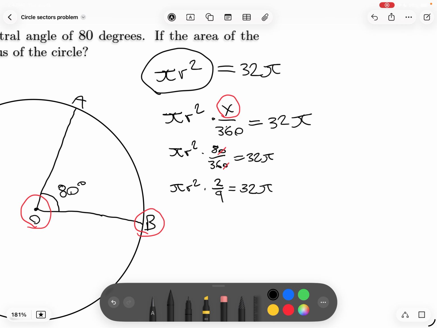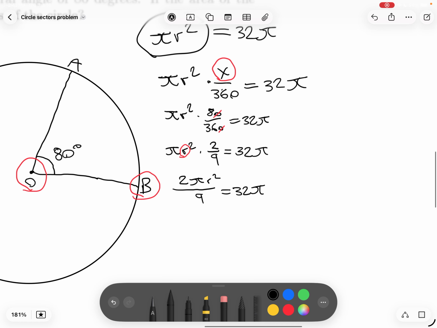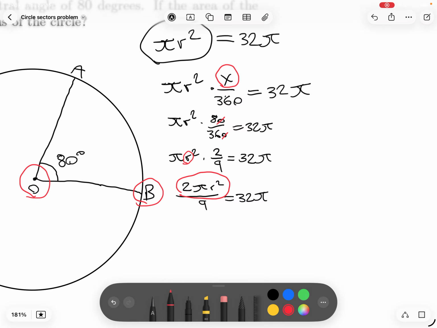Let's see if we can solve this equation for r. We can combine this into a single fraction if it's any clearer: 2 pi r squared over 9 equals 32 pi. Since 32 times 9 is 288, that tells us that the numerator, the upper part of the fraction, must be equal to 288 pi, because 288 over 9 is 32.